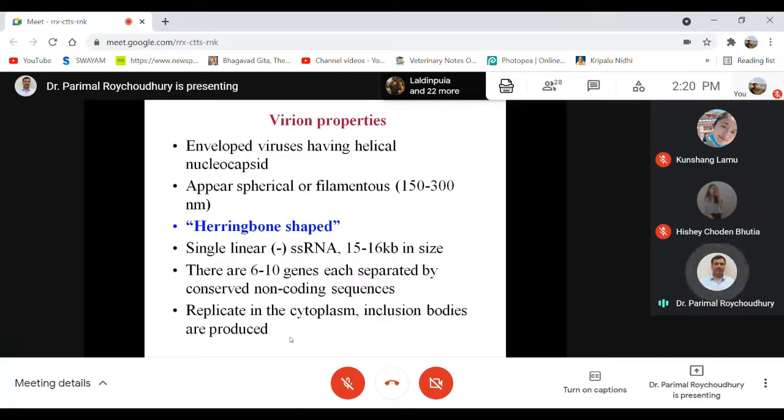Basically, they have helical nucleocapsid symmetry. The nucleocapsids are arranged to form cylindrical structures in helical fashion, inside which the nucleic acid remains protected. One such word used is the herringbone-shaped nucleocapsid.